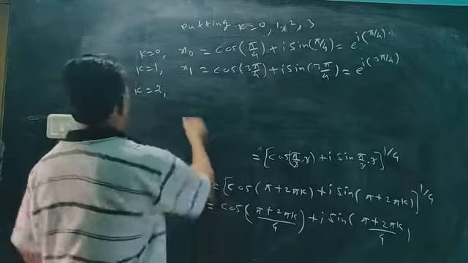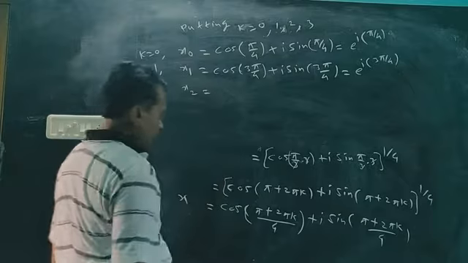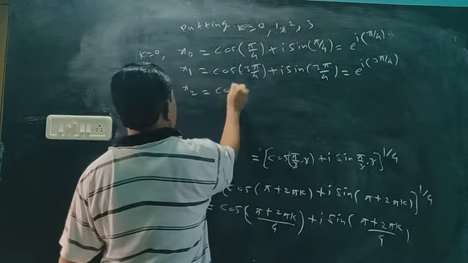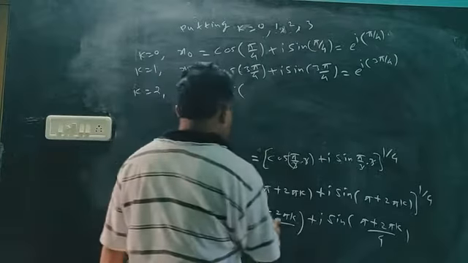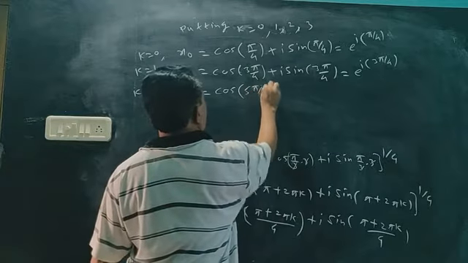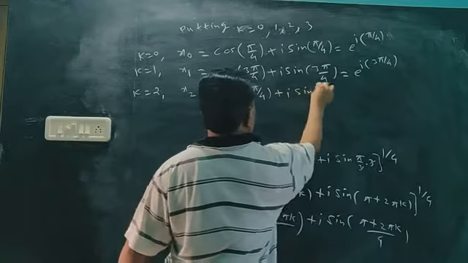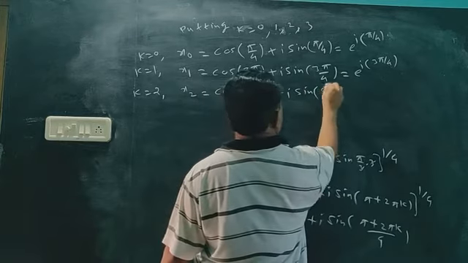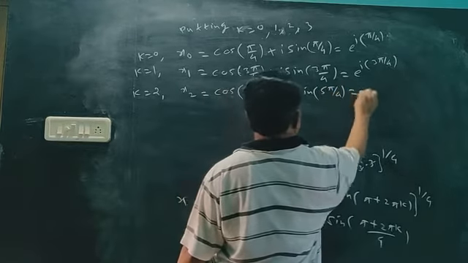k equal to 2, x2: cos of (2 into 2 is 4, plus 1) 5 pi by 4 plus i sin 5 pi by 4.